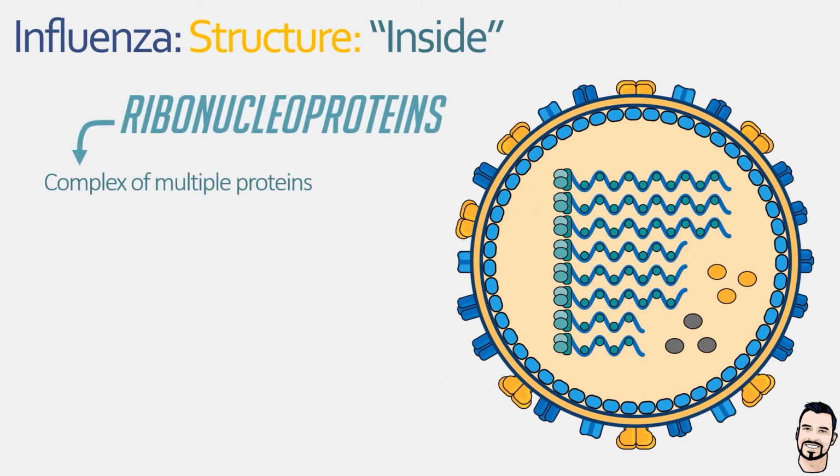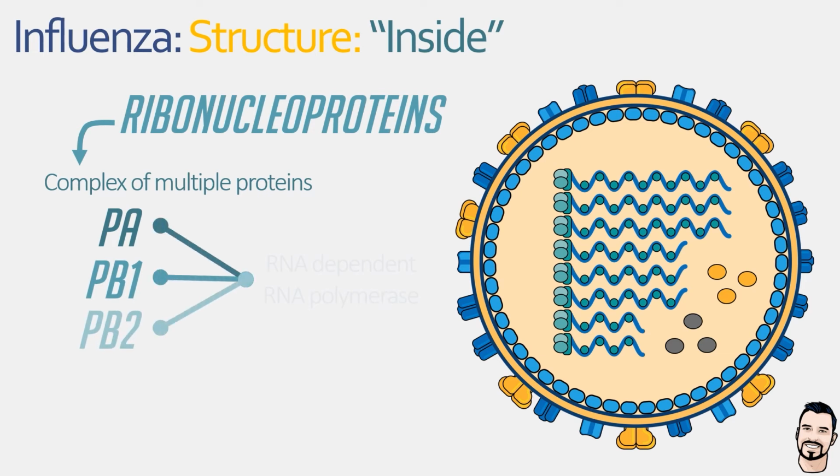Now, the ribonucleoprotein is more than a strand of viral genome covered in nucleocapsid proteins. It has a cap structure, which is composed of 3 distinct polymerase proteins known as PA, PB1 and PB2 proteins, which when joined together form an RNA-dependent RNA polymerase complex, which, as I said a second ago, acts as a cap, and so is found at the terminus of each linear single-stranded RNA segment.